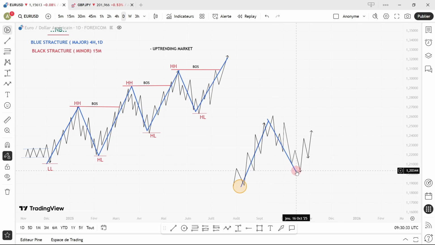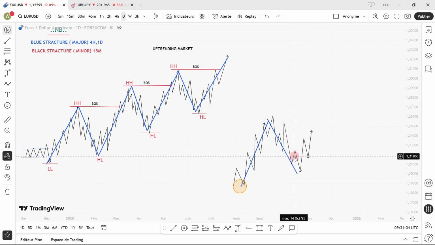The higher time frame is ready to put in the impulsive move, and once this aligns, now this is where we get A+ setups or higher probability setups, because the higher time frame is bullish. It is continuously breaking structures to the upside, and now the lower time frame also is switching to bullishness. So this is where we get higher probability setups.